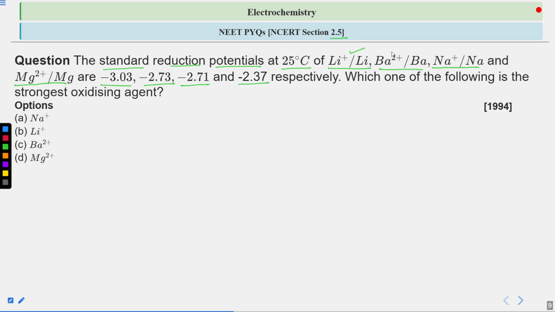So for each couple, its respective standard reduction potential value is given, right? Which one of the following is the strongest oxidizing agent?